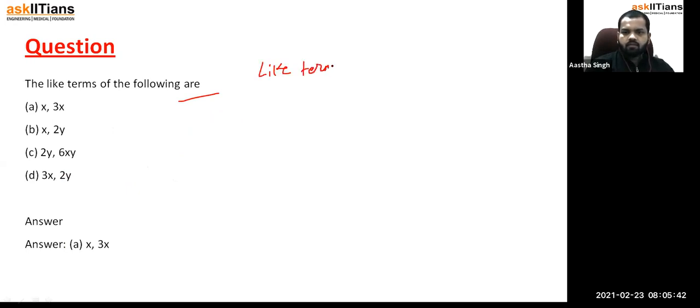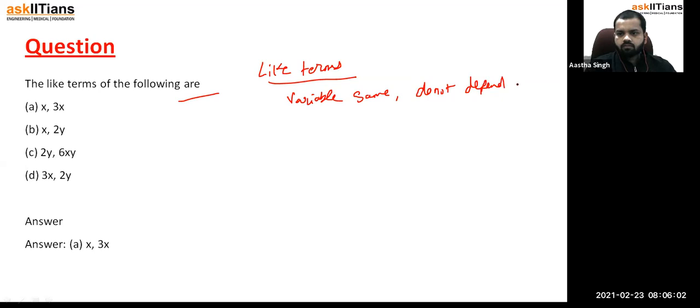Like terms are basically having the variable same.